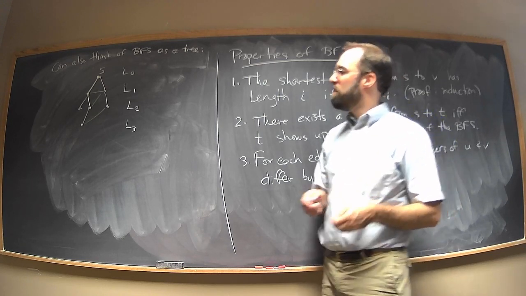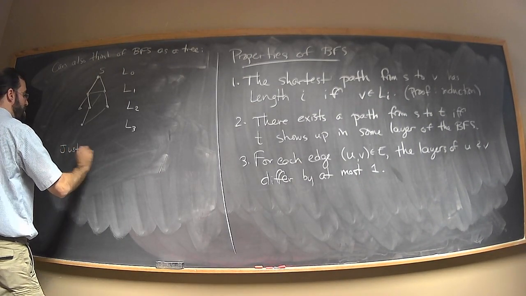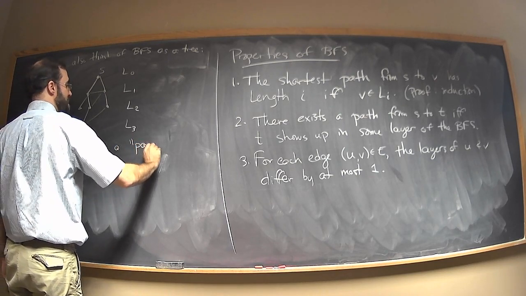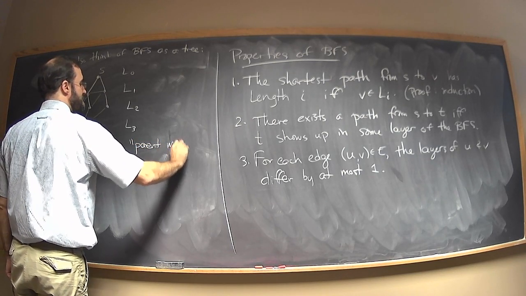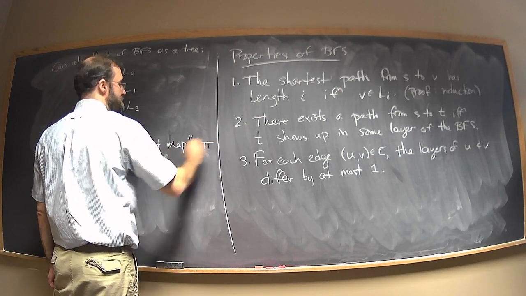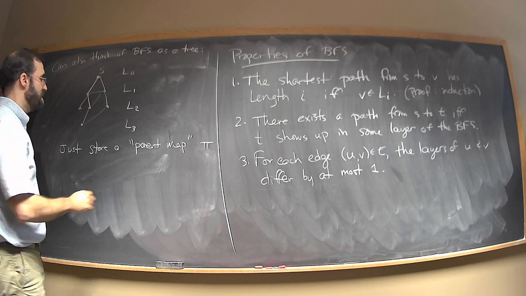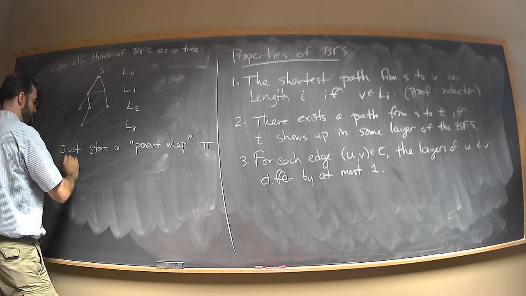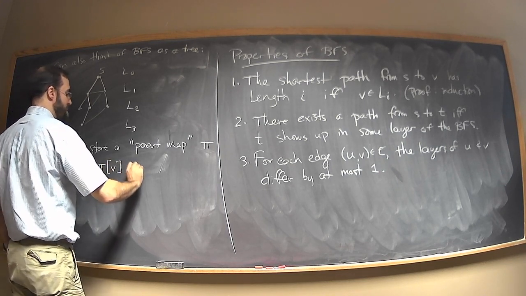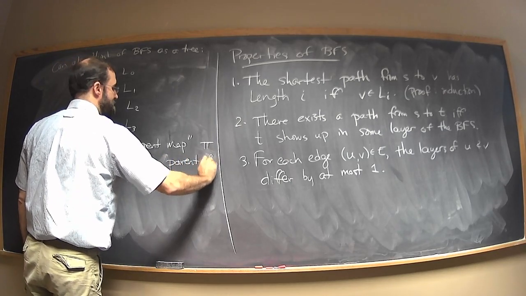And so we'll just store a ParentMap. I will often use the Greek letter pi, which stands for parent, where pi of v is the parent of v in the tree.